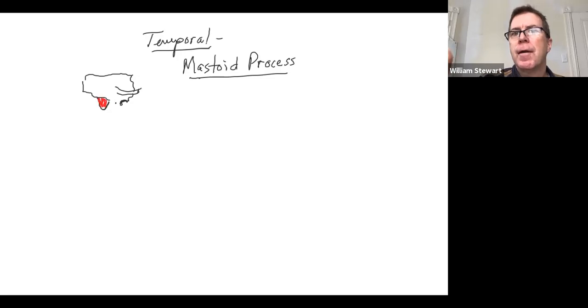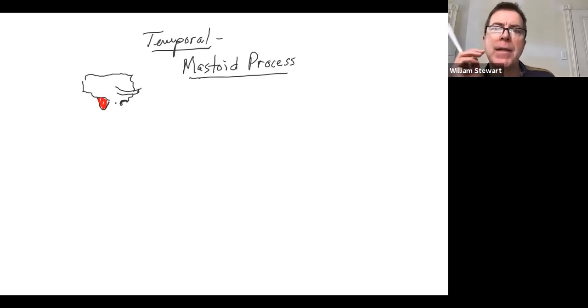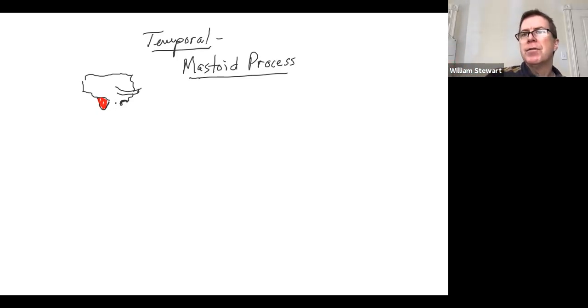Just so process is something that sticks out. The mastoid process is a place for muscles to attach and articulate. They're mandibular muscles. There are also air cells in here, contains air cells to help with vibration in the middle ear.